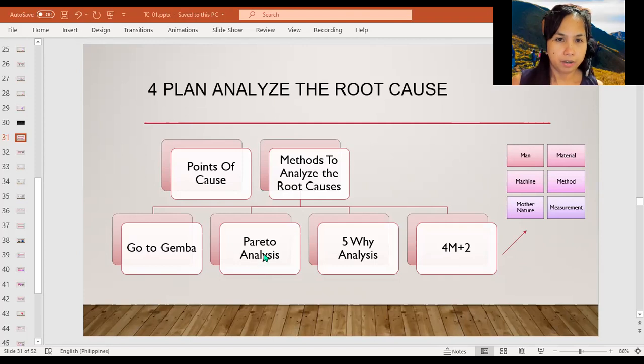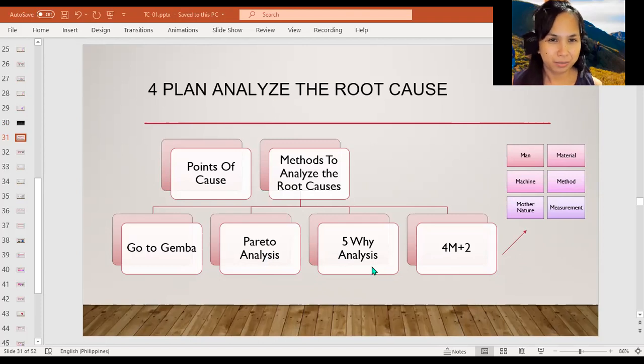And while Pareto analysis here helps us identify points of cause, as we learned about in the previous video, it can also help us identify root causes in pretty much the same way. Okay. And then third method is we talk about the concept of 5 why analysis.